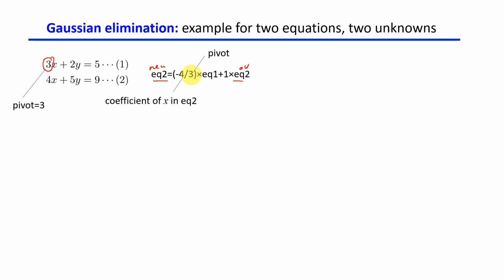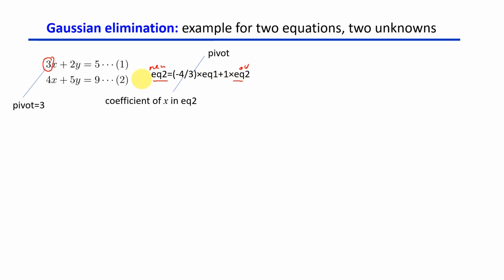Here 3 is the pivot and 4 is the coefficient of x, that is whatever it is that is just below the pivot. So 3 is the pivot, 4 is the coefficient of x in equation 2, with a minus sign. And I multiply that minus 4 by 3 with equation 1, and I add it to equation 2.